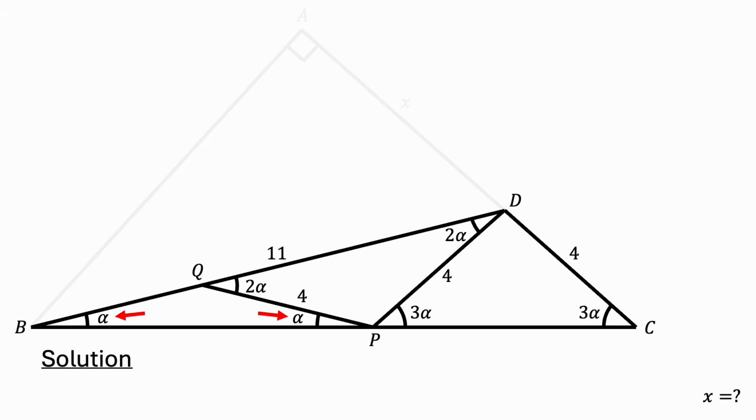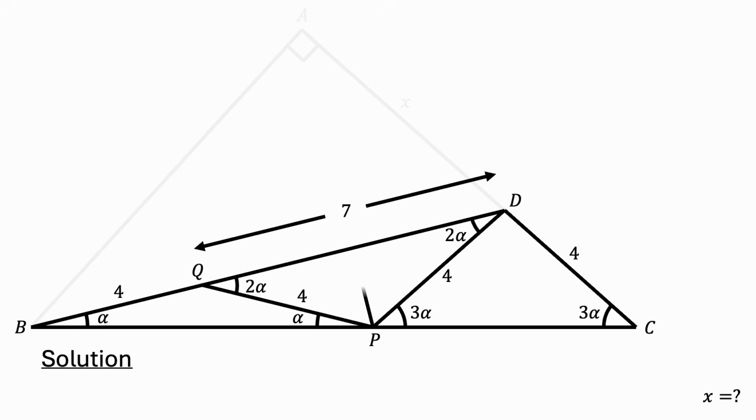Since angle QBP equals angle BPQ equals alpha, triangle QBP is isosceles, so BQ equals PQ equals 4. Then QD equals 11 minus 4, which equals 7.